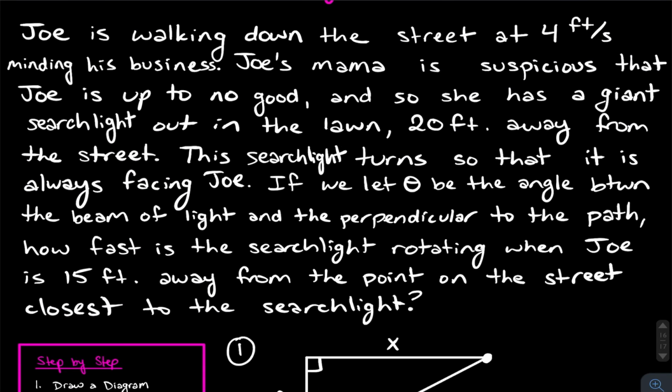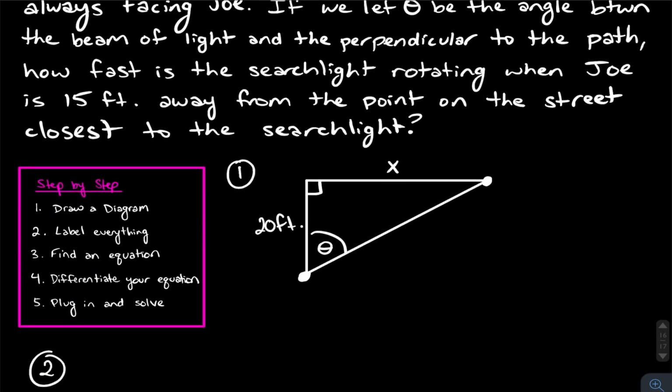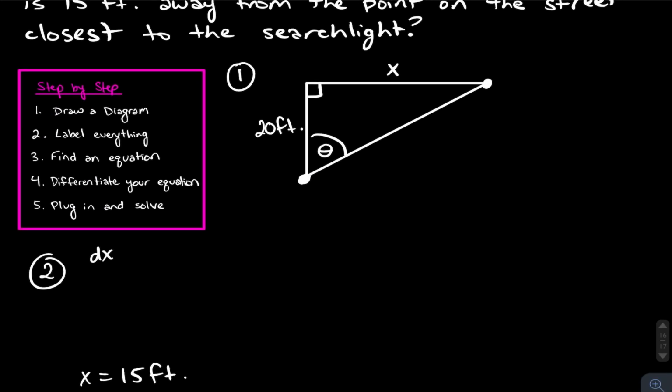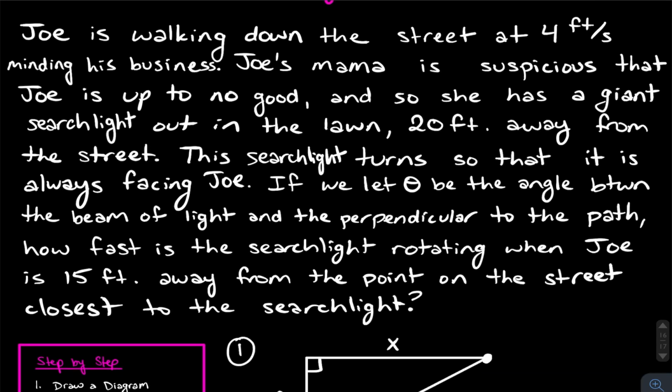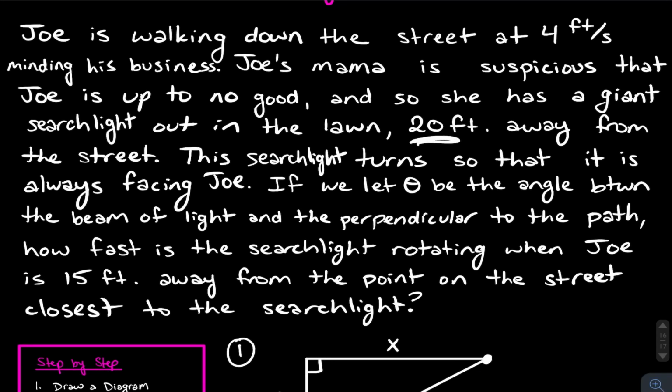Okay, we know originally that Joe's walking down the street at 4 feet per second. That's dx dt. That's how fast he's changing in the x direction. What else do we have? We have that 20 feet. We already wrote that down where it needs to go. And really, we don't have any other information here other than, of course, what we're trying to find.